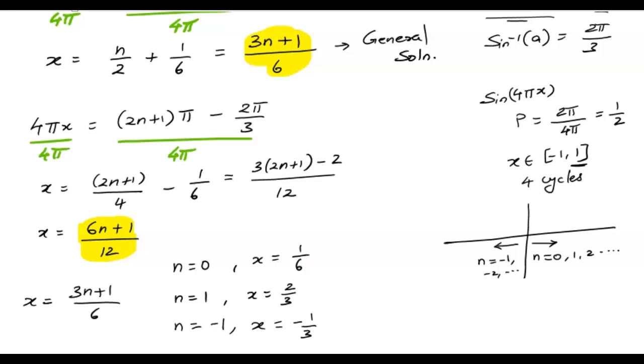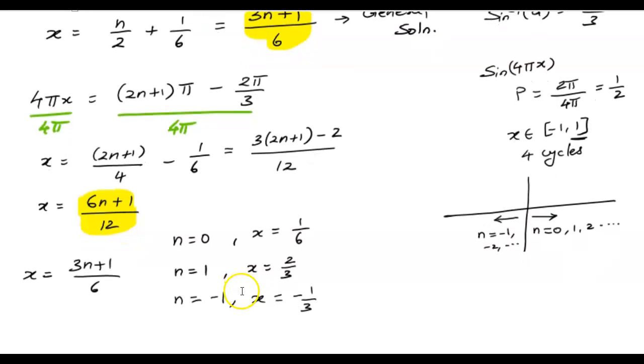And then finally, when n is equal to minus 2, we're going to have x is equal to minus 2 times 3, which is going to be minus 6. Minus 6 plus 1 is going to be minus 5 on 6, and obviously that value is pretty close to minus 1. So those are all the 4 solutions we're going to get with the help of the first general solution, right?